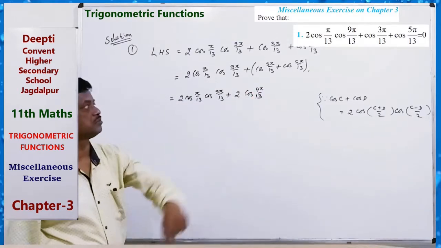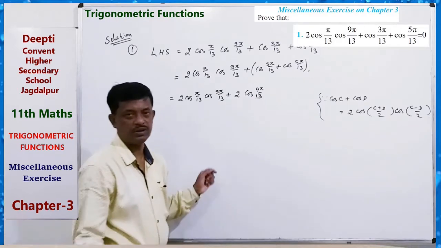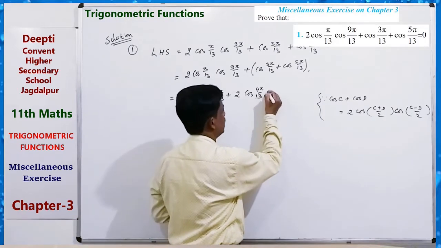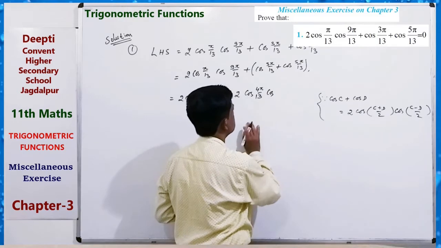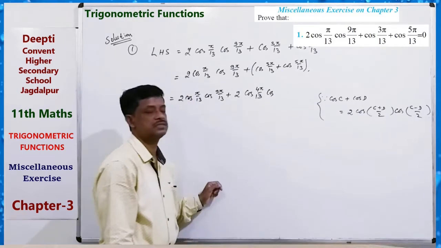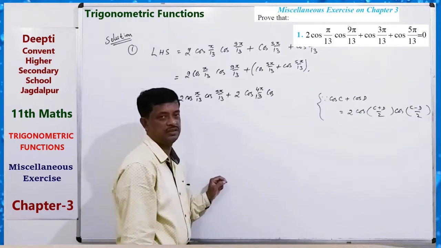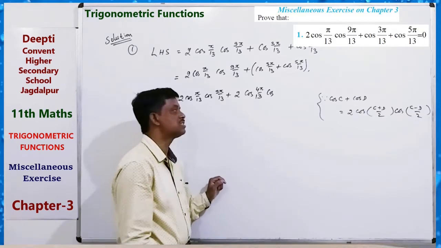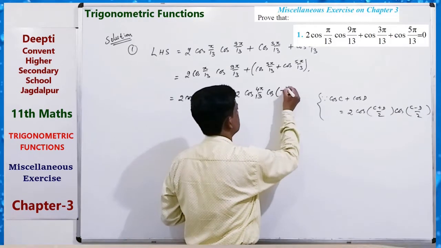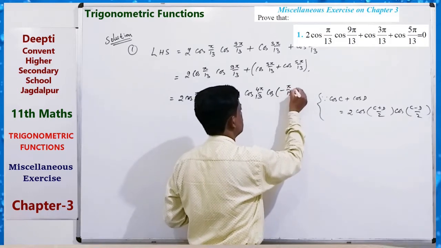And cos of (3 pi minus 5 pi) by 13, that is minus 2 pi divided by 2, so minus pi by 13, we get cos minus pi by 13.